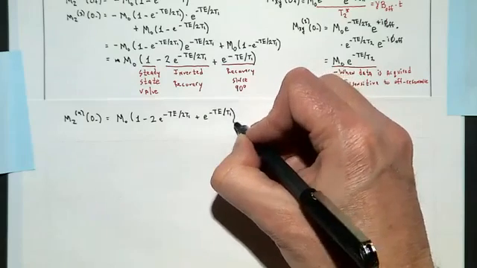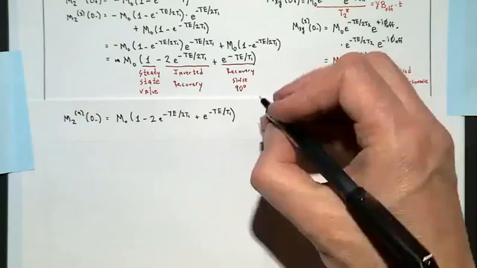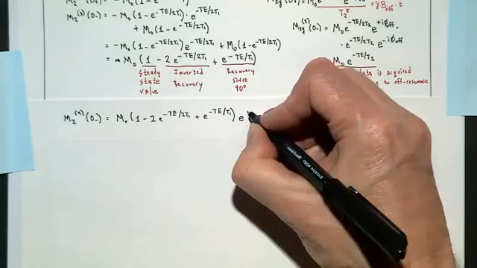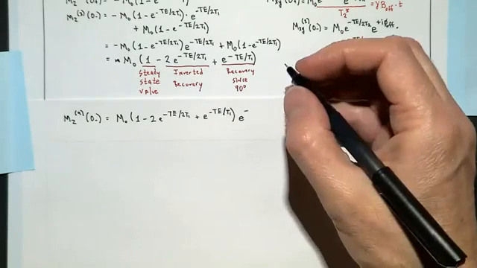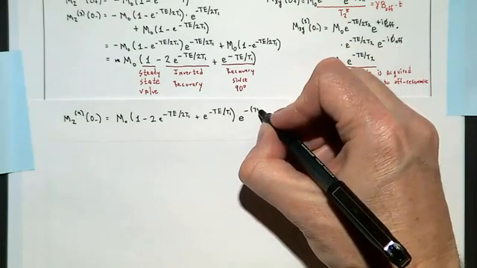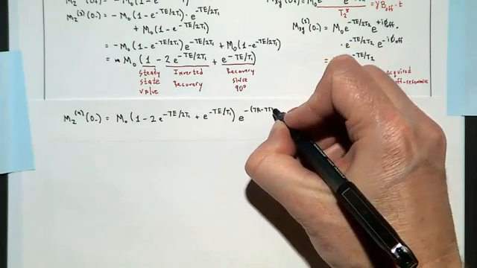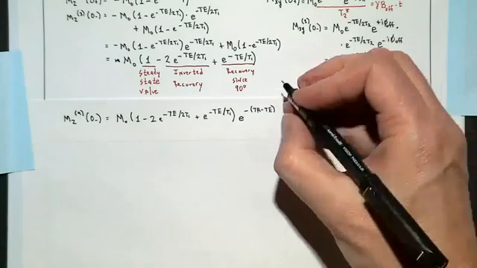And that magnetization is the decaying magnetization, so it's going to decay by e to the minus. And the time I care about now is TR minus the TE, because it's just the time after the TE up to the TR. And so that looks like TR minus TE. And that's still T1 decay.